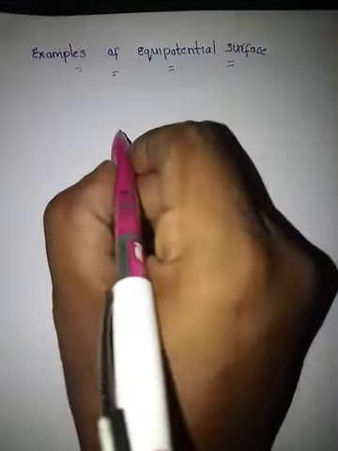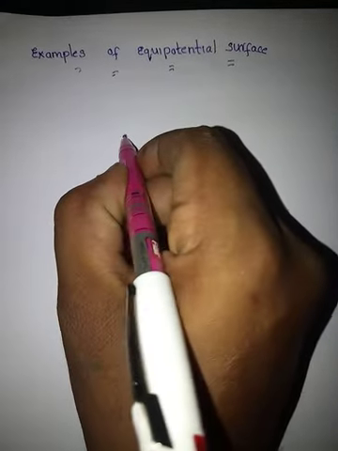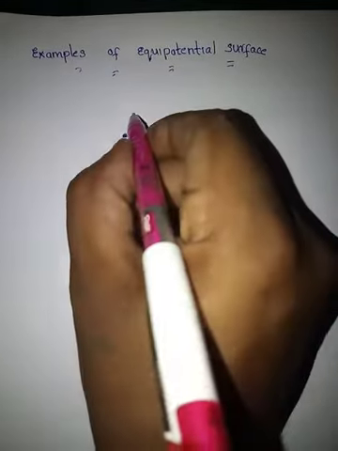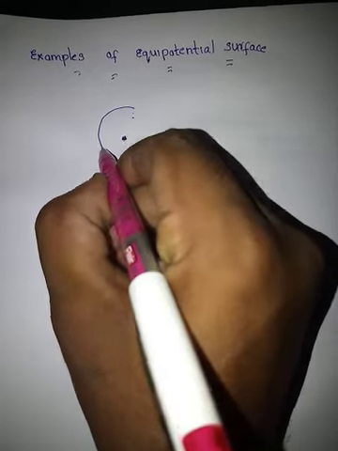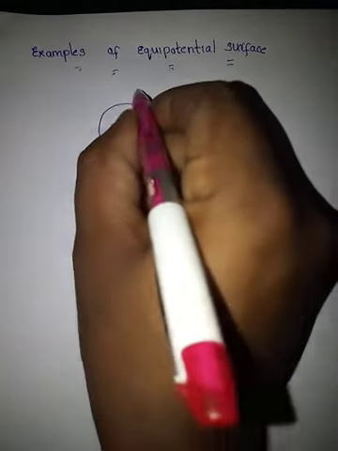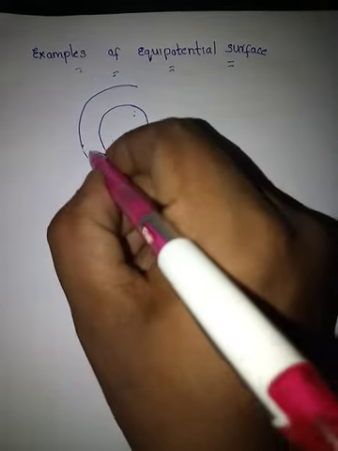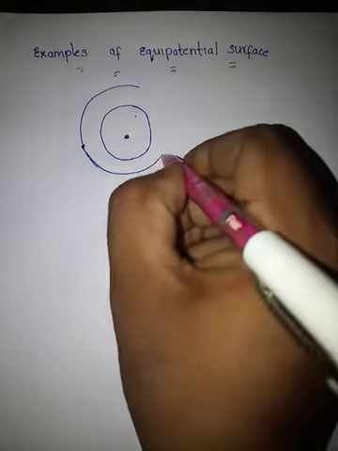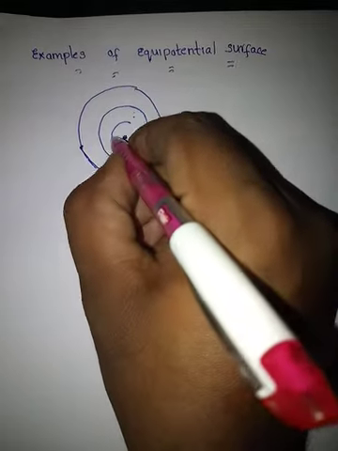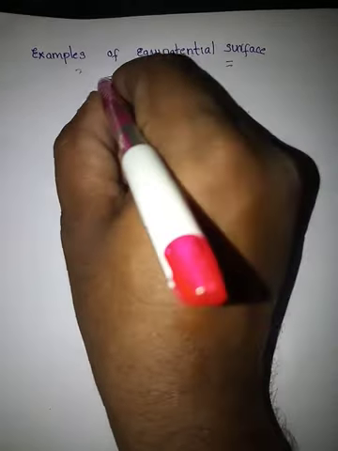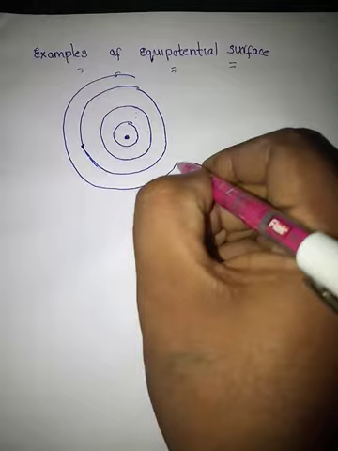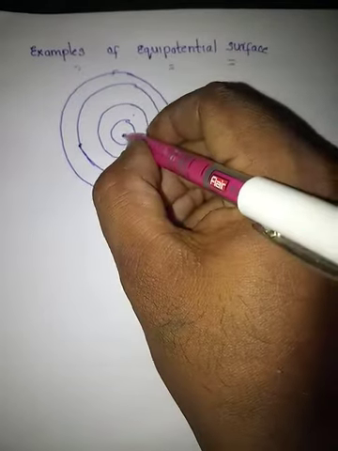For example, if you take a point charge, what is the Gaussian surface for this point charge? It is a spherical surface. So we can form concentric hollow spheres.